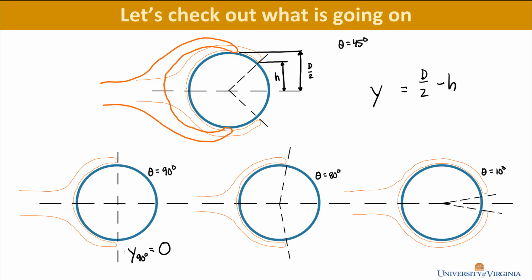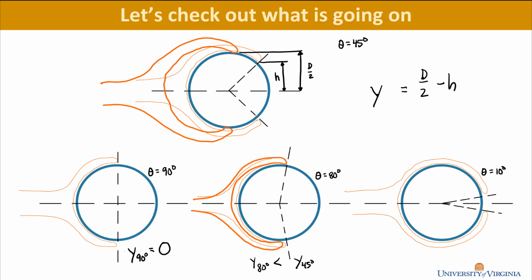Now at 80 degrees theta, we might want to ask, do we think the deflection required to put that on would be less or more than the deflection at 45 degrees? And you'd be like, oh yeah, it's probably less, right? It doesn't have to deflect as much. And you're right. What it is, we'll get to in a minute.